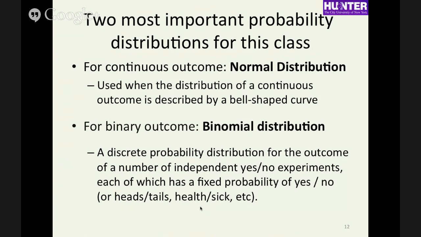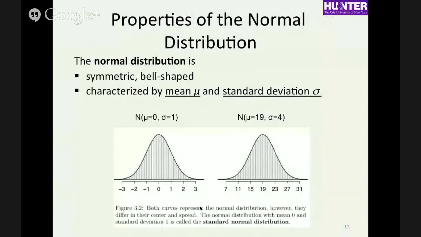So that's what we're going to cover first, the normal distribution, and then we're also going to cover today the binomial distribution, which we use for binary events. So things to know about the normal distribution: it's symmetric.